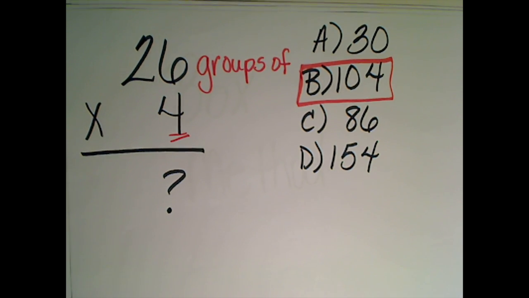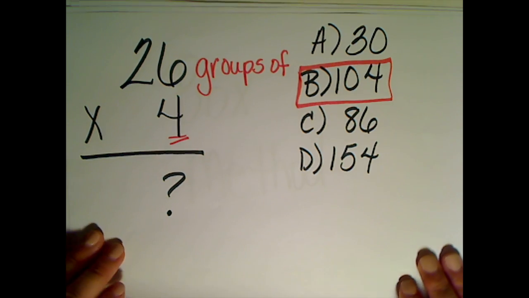I'm going to go through some methods that you were probably taught in 4th grade, and then we're really going to concentrate on the standard algorithm and that process, because by 5th grade you need to be fluent in the standard algorithm.